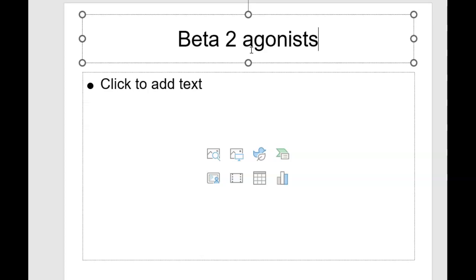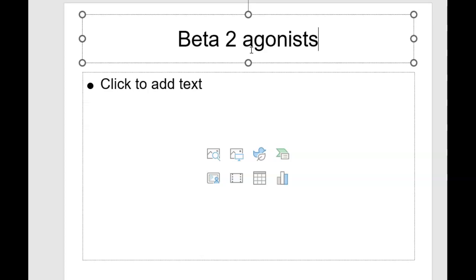But we have the LABAs, your long-acting beta-2 agonists, that last a lot longer. Those are drugs like formoterol and arformoterol. Their onset is relatively rapid, but they last longer. So here's the point to remember.